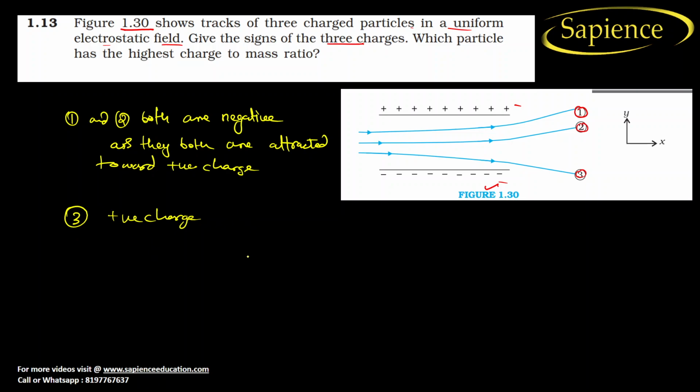Now which particle has the highest charge to mass ratio? Charge to mass ratio, Q by m, is directly proportional to the deflection of the charge, right?